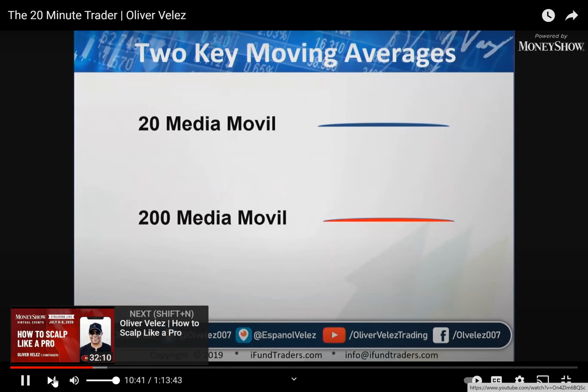Now, let's talk about the states. When these two moving averages are close together, we call that a tight state. Your stock or Facebook, when those two are close, the market or Facebook is in a tight state.